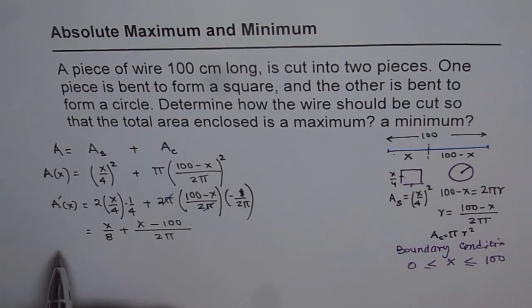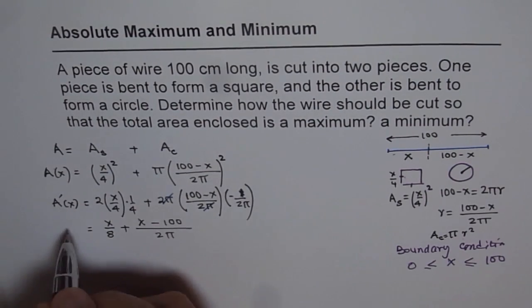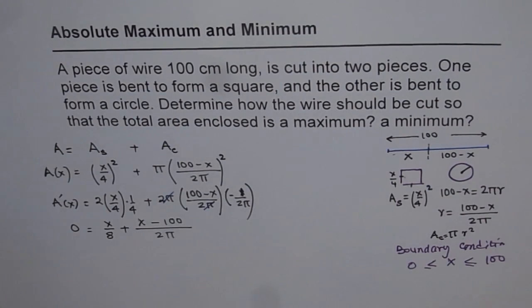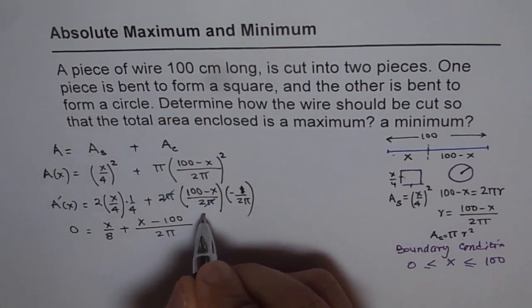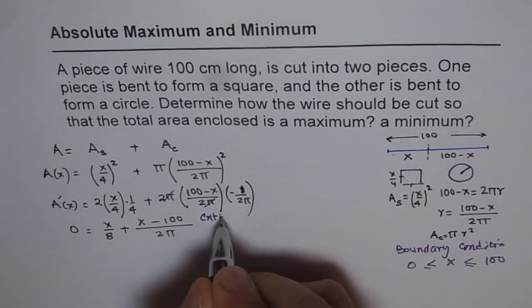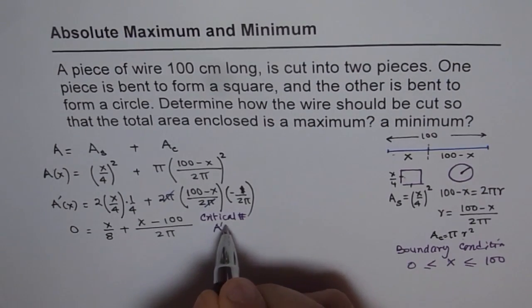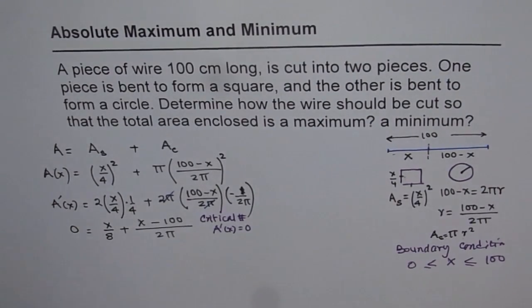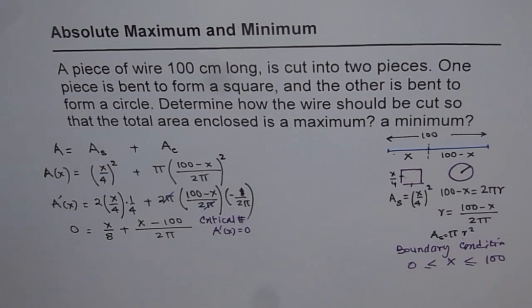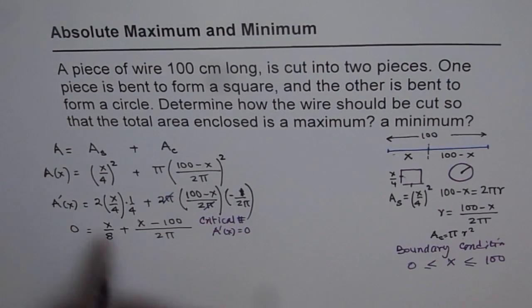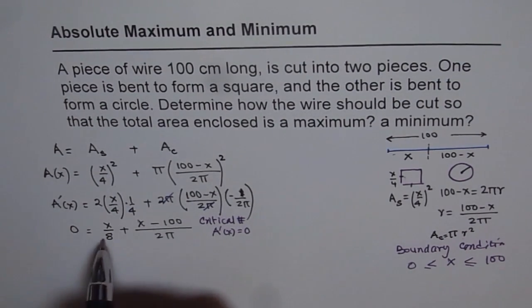Now the critical point is when a dash x is equal to 0. So let's figure out when it is 0 to find the critical point. So we are trying to find the critical number here, right? To find the critical number, a dash x equals 0. So that's what we did. And now let's solve for this. To solve for this, let's multiply everything by 8 pi, right?